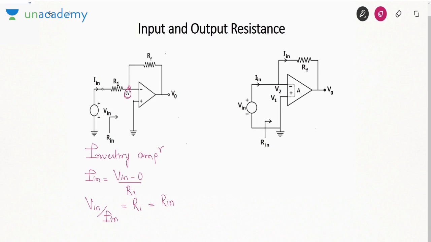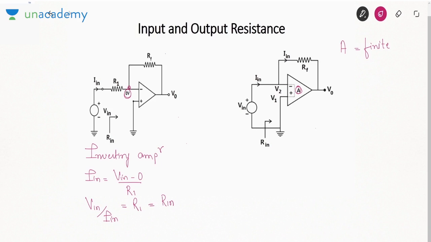What about the differential amplifier? In this case, the gain of this amplifier is taken to be A. We are considering A to be finite.